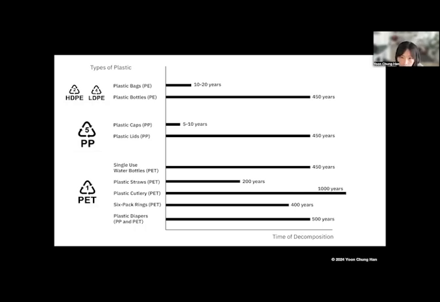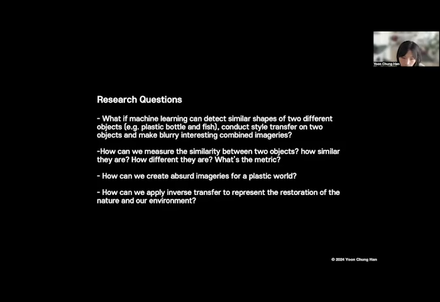Plastic bags only take 10 to 20 years, but some, like plastic cutlery or single-use water bottles, take 450 years. And the longest one is plastic cutlery, at 1,000 years. So it's crazy to see this kind of truth about the plastic issue.